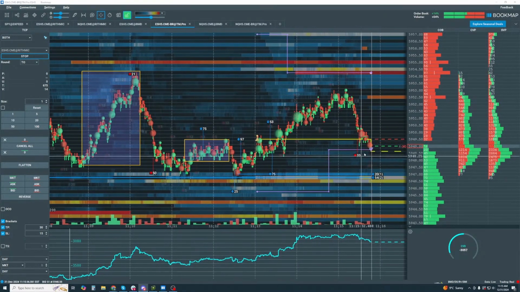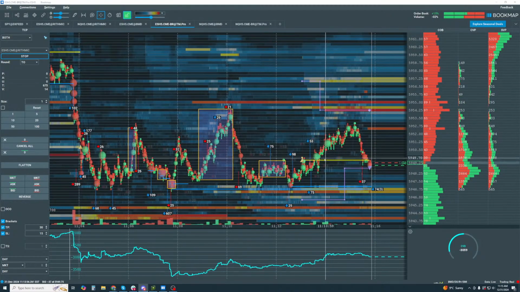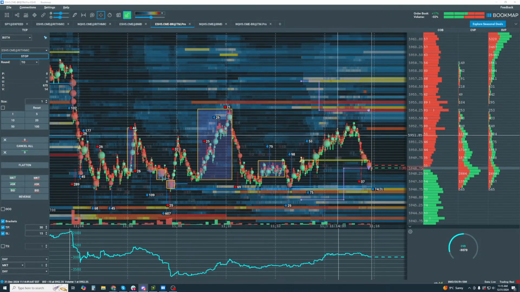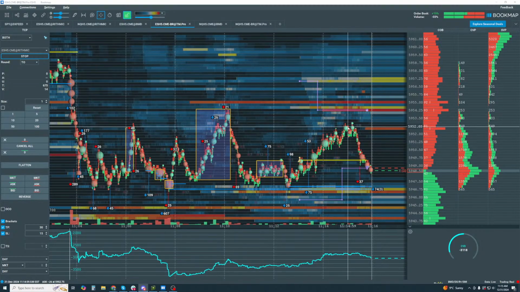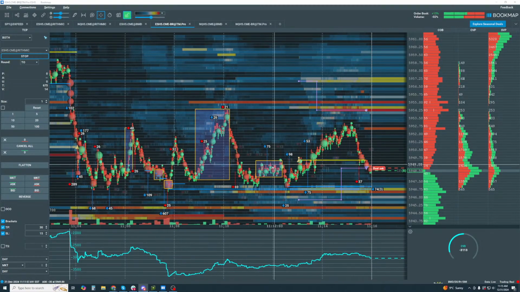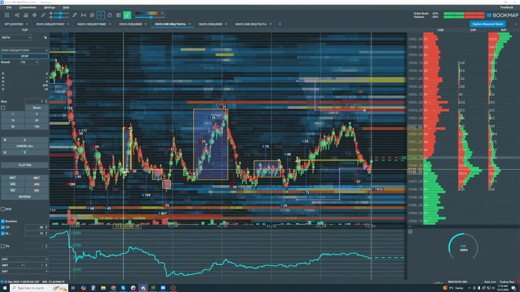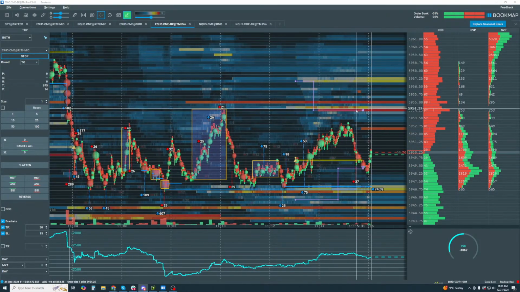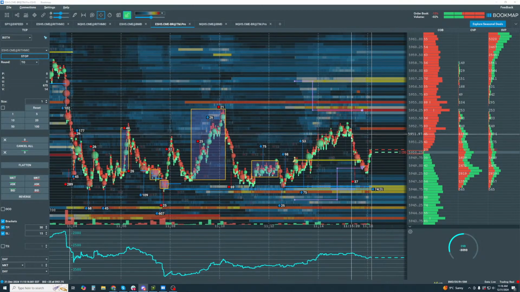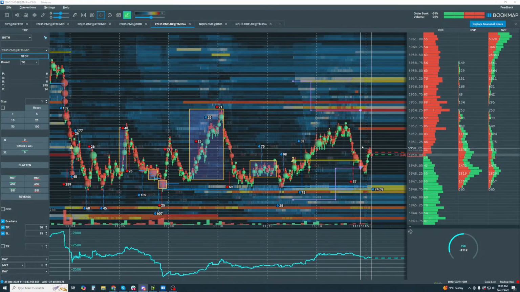But there we go, I'm okay with that. I did not see any reason for getting out of this. If this was the demand that we identified here and here, then it should come back up. Maybe it's just a pullback here and find more.